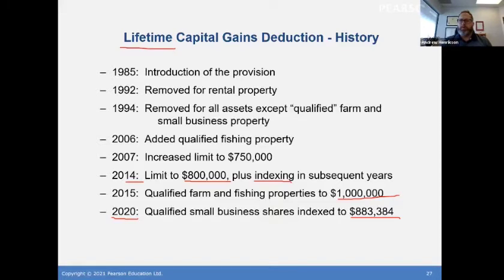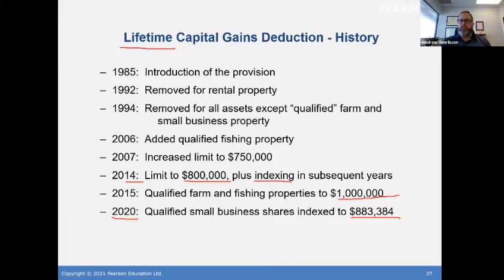Let's do this math easy so I don't have to pull a calculator out. If you bought the shares for $1 million and then sold them for $1,883,384, creating a gain of $883,384, you can use this one-time lifetime amount to remove the gain fully and pay no tax on that transaction.